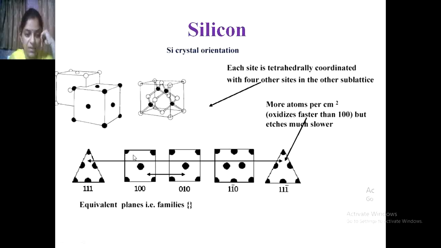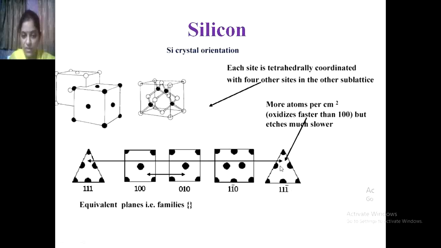This one is on any side: that is 1 0 0, and this is 0 1 0. If you see the orientation from every side, we say this is the 1 1 1 orientation, 1 0 0 orientation, 0 1 0 orientation. Here there are more atoms per centimeter, that is 1 1 1 over 1 1 0.